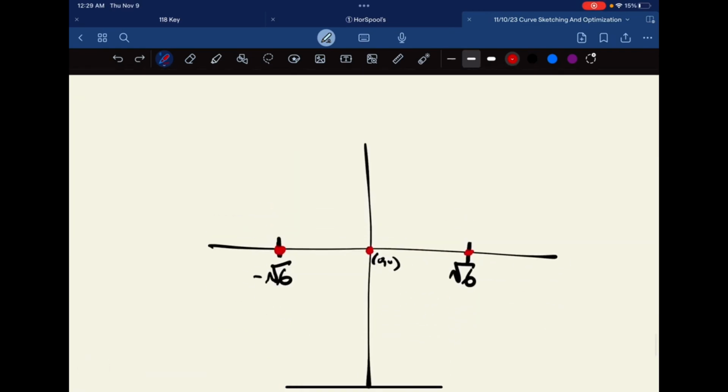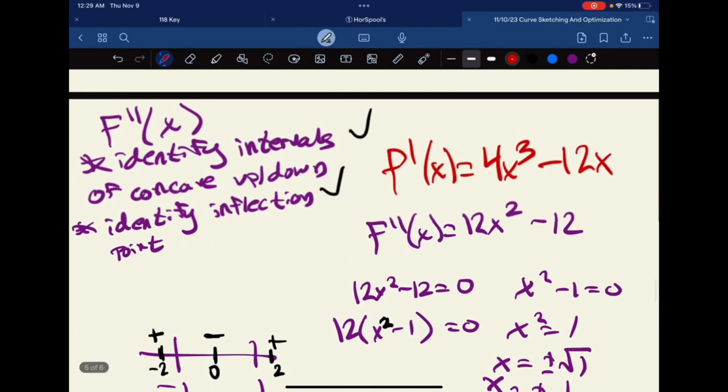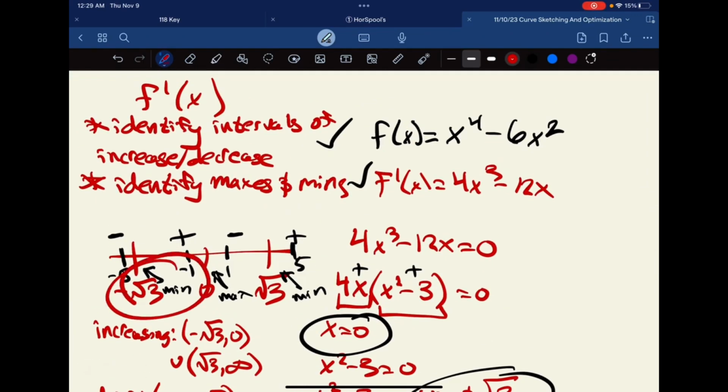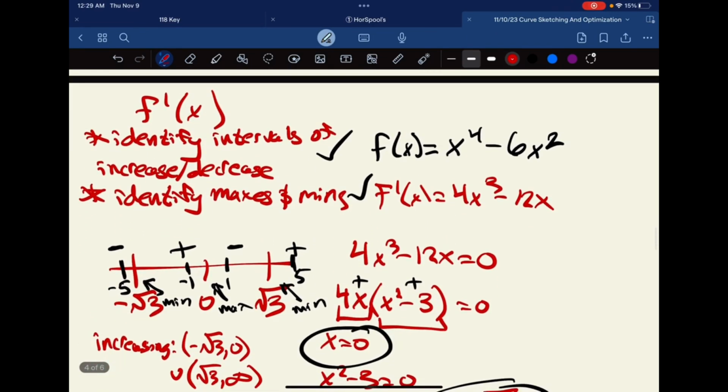So negative square root 3 is going to be here. Okay. So what do we have at negative square root 3? We have a min, right? We are increasing from -3 to 0.